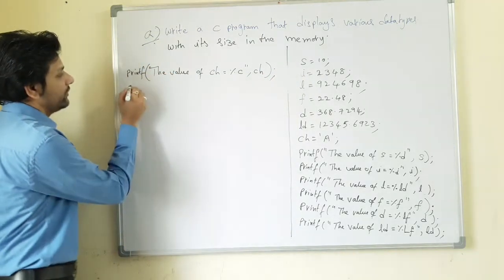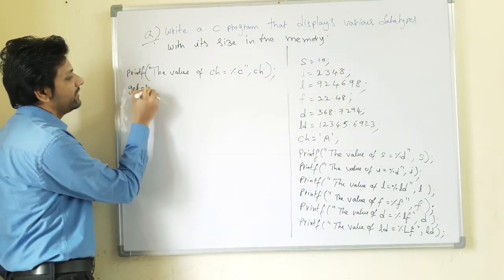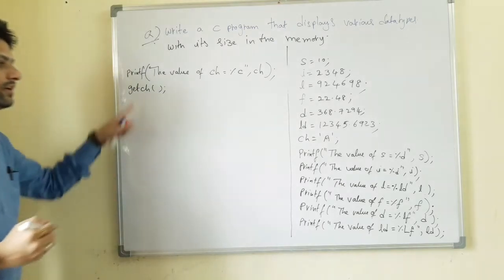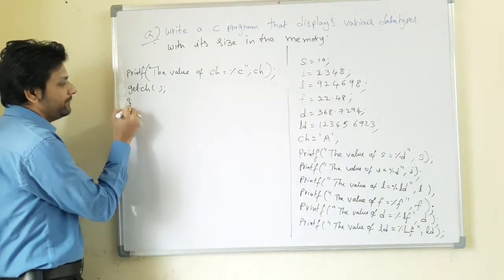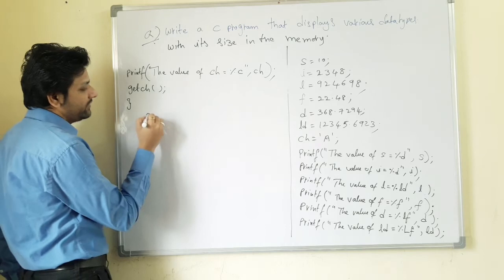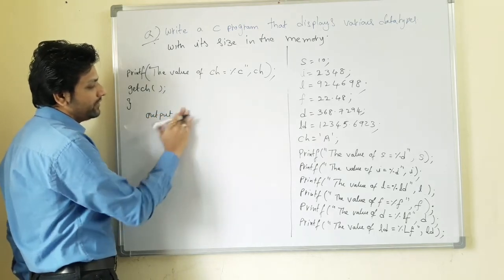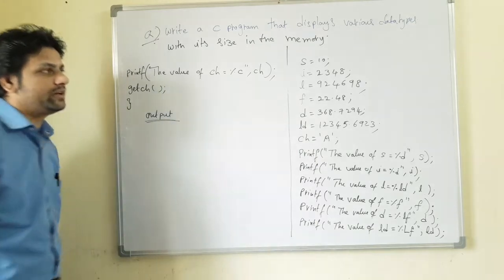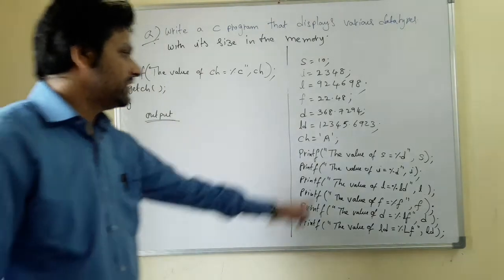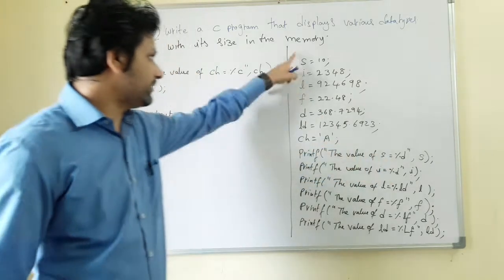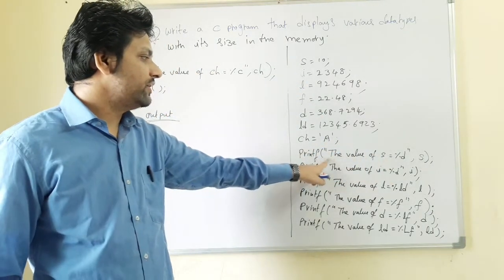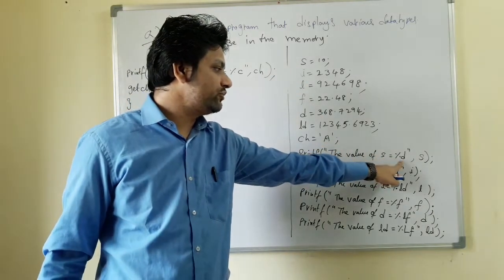Okay, finally you are going to use getch. I already told what the use of getch is. Okay, and close the main bracket. Now, what is the output for this particular program? First, the value of s equals percentage d.